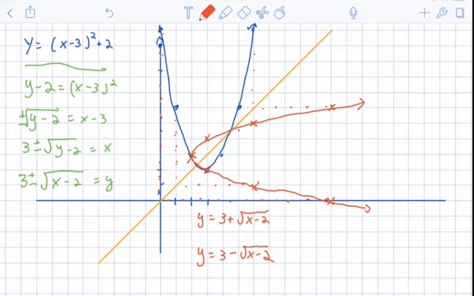So let's just think about what we know about square roots. The thing inside a square root can only be positive, or if you plug it into your calculator, you're going to get the word error. So that has to be positive. x minus 2 is only positive when x is bigger than 2.